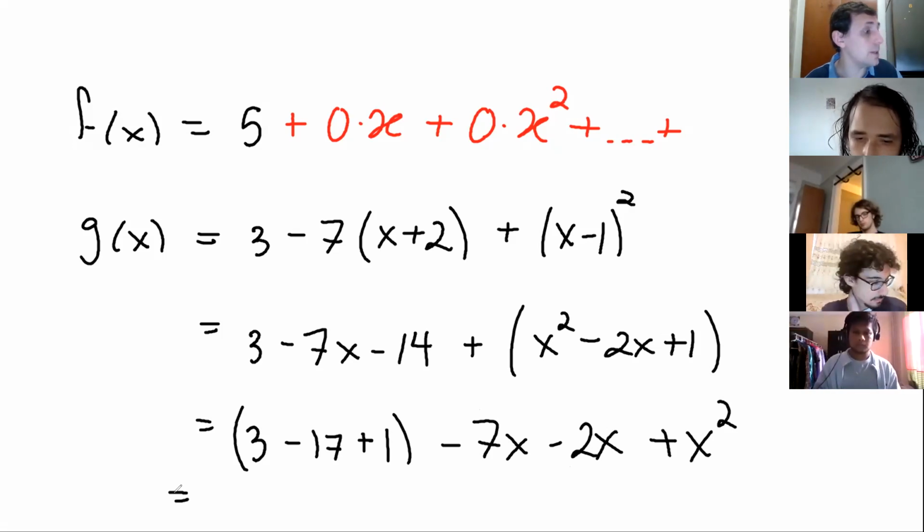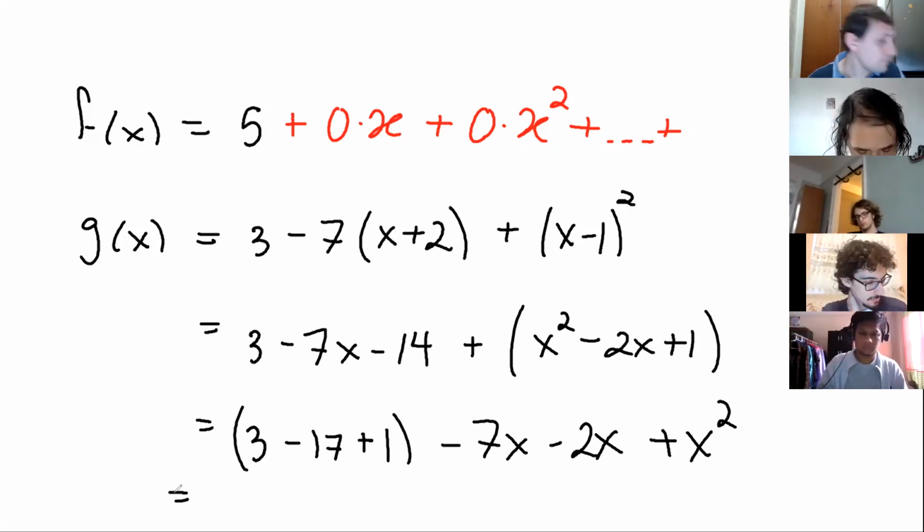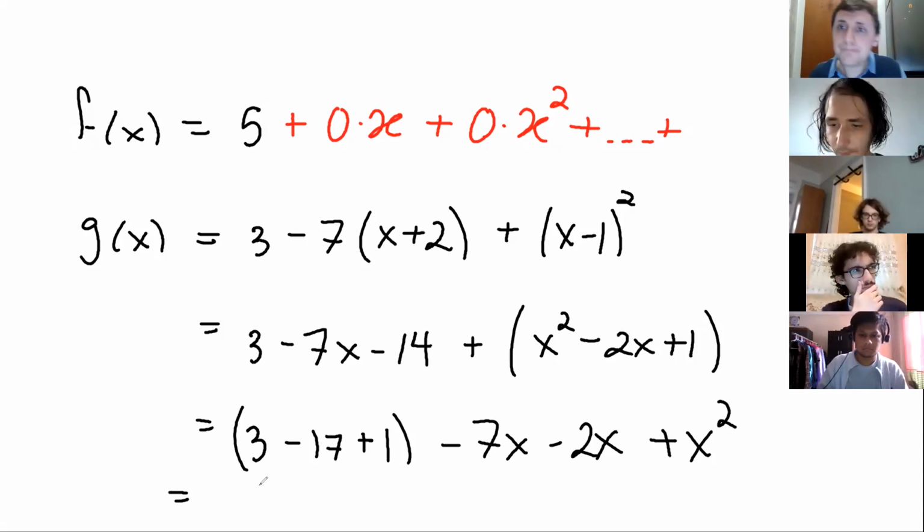I get 3 minus 17 plus 1, it should be minus 14, not 17, right? Minus 14. You are absolutely right. Thank you for correcting me. Minus 14.